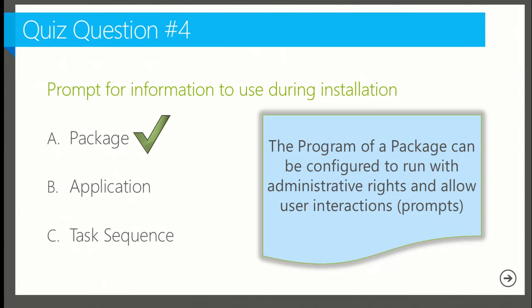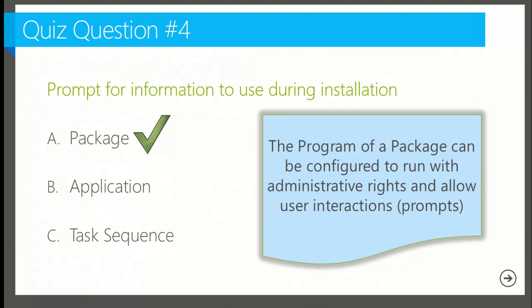So in my opinion, when it comes to prompting for information of an end user, a package and a program is the best way to go, because a program is Config Manager 2007. So that deployment type can be used to allow end user interaction.